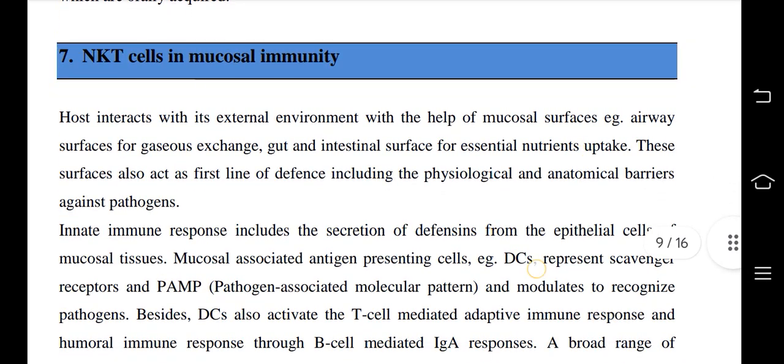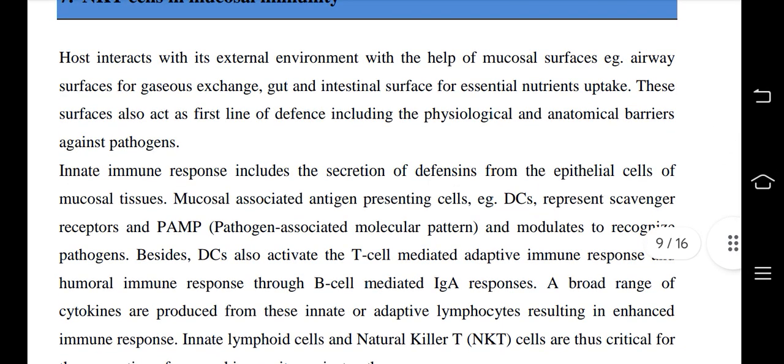NKT cells and mucosal immunity. The host interacts with its external environment with the help of mucosal surfaces: the airway surface for gaseous exchange, and the gut and intestinal surface for essential nutrient uptake. The surface also acts as the first line of defense, including physiological and anatomical barriers against pathogens. Innate immune response includes the secretion of defensins from the epithelial cells of mucosal tissue.